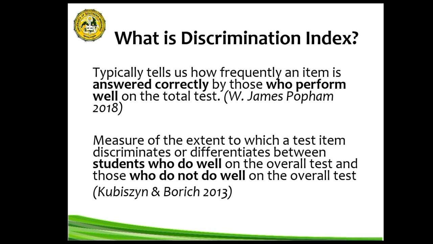While Kubiszyn and Borich define the discrimination index as a measure of the extent to which a test item discriminates or differentiates between students who do well on the overall test and those who do not do well on the overall test. So if difficulty index measures how easy or difficult a test item is for the student, discrimination index compares the performance of high-performing students to low-performing students.